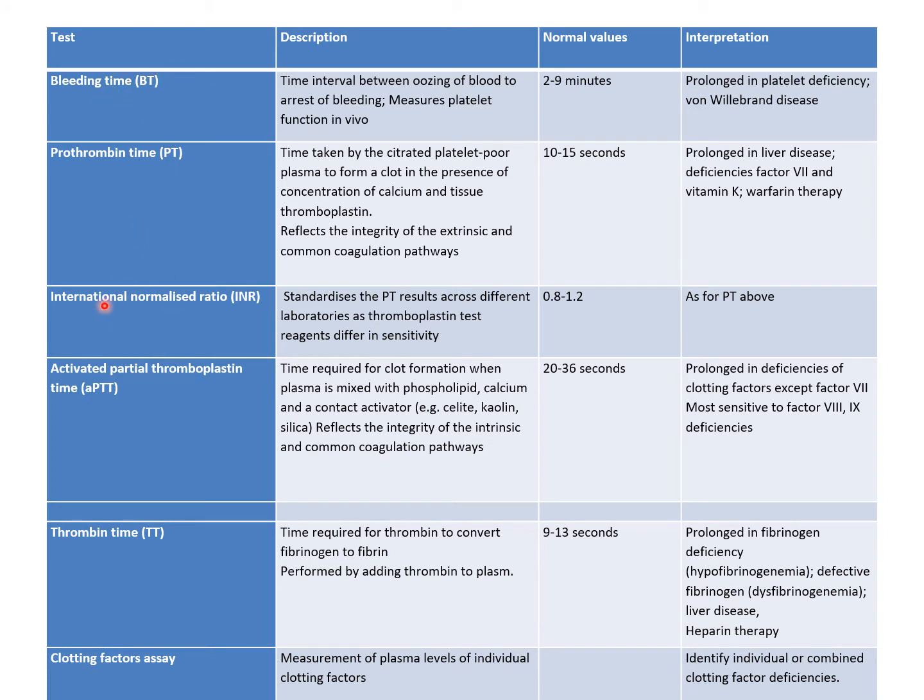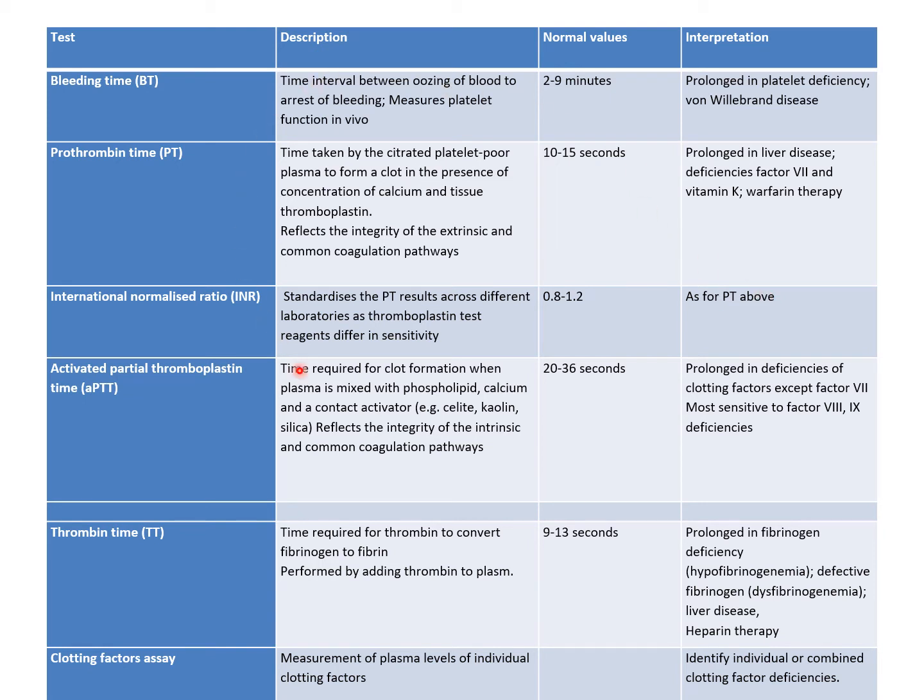Similarly, you would be familiar with the INR. We've discussed that before in another plenary, which is basically the prothrombin time of the patient compared to a control. And again, it is prolonged in deficiencies of factor 7, vitamin K, liver disease, and with warfarin therapy.